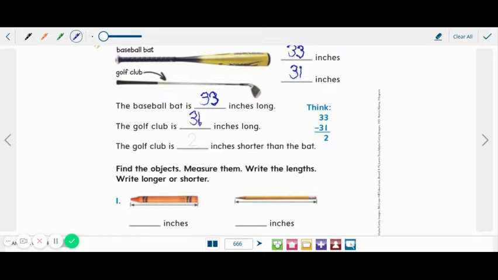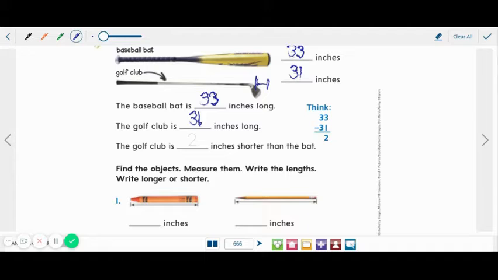And then the next sentence is going to tell us how we are going to compare the two. It says the golf club is blank inches shorter than the bat. So we know that the golf club is indeed shorter than the baseball bat. If you take a look here, we have a few inches showing that it's shorter than the baseball bat.